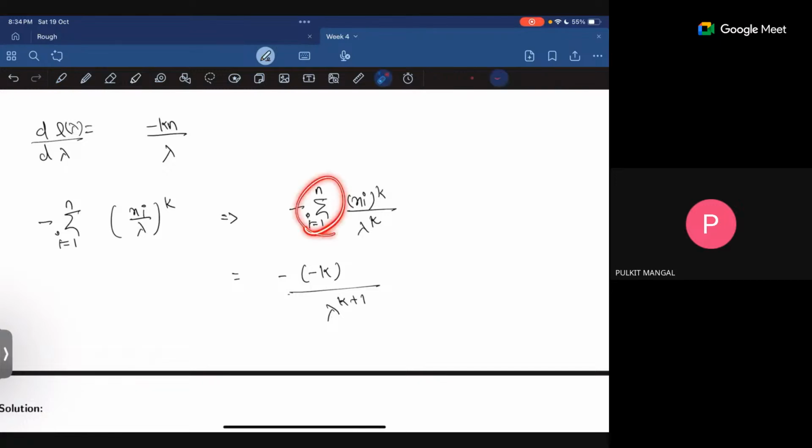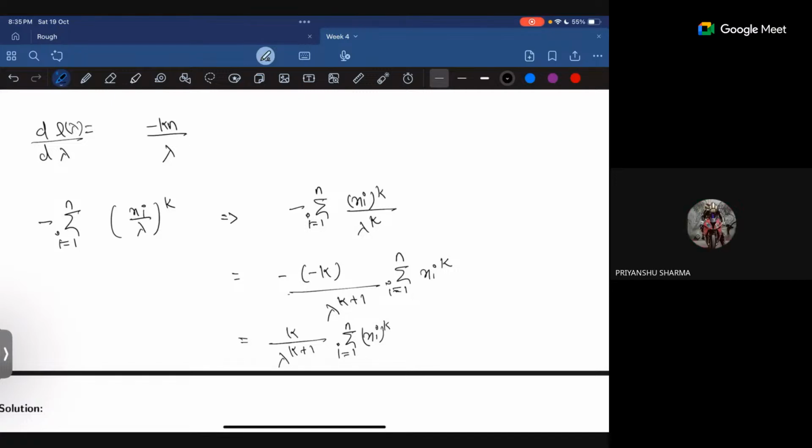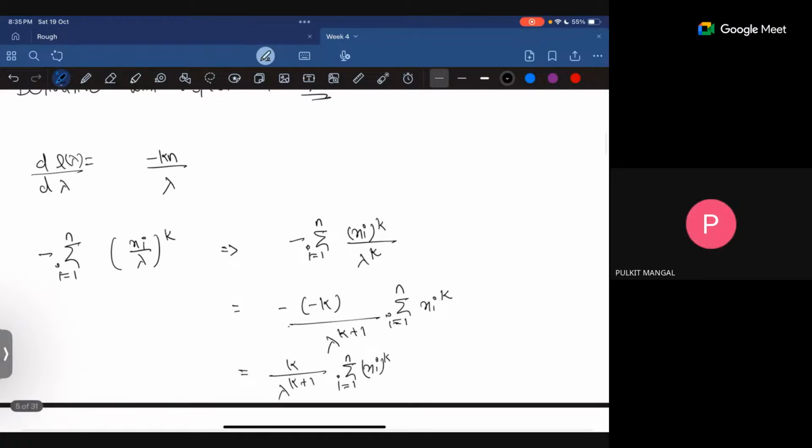Everything else, this summation of xi power k, is just a constant, so it could be simply k upon lambda power k plus 1 times summation xi power k. Is this derivative clear to everyone? Yes, sir.